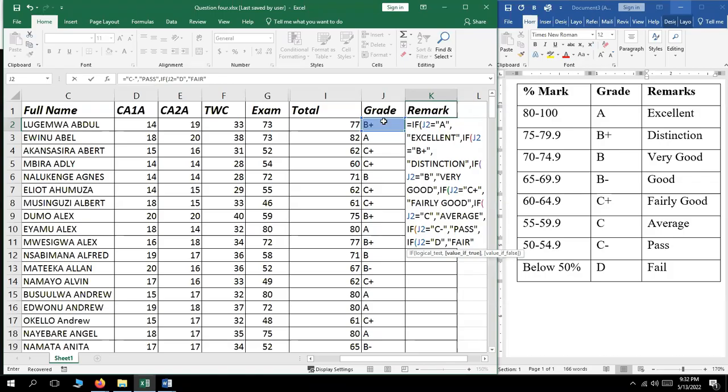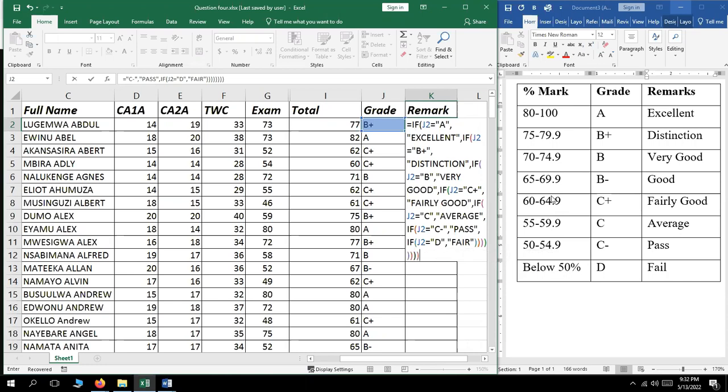Welcome back. Now that we are done with putting all the options that are likely to be given, the next step is just closing the brackets. Remember, we opened 8 times, so we close our brackets 8 times: 1, 2, 3, 4, 5, 6, 7, 8.